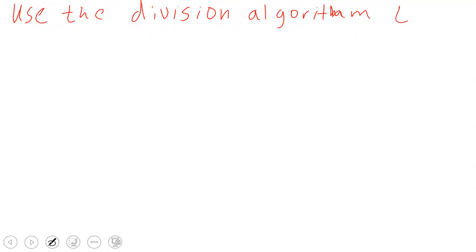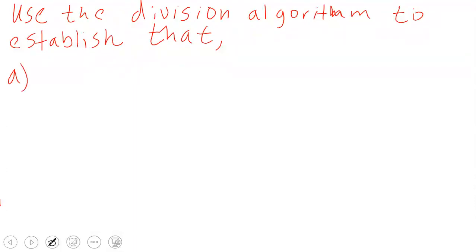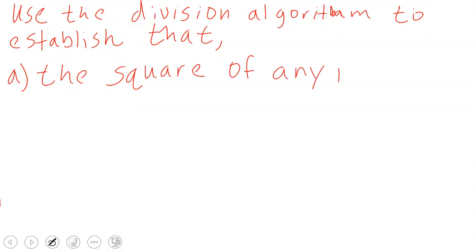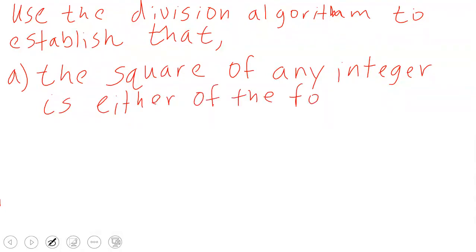Use the division algorithm to establish that, and this is part A of the question, that the square of any integer is either of the form 3k or 3k plus 1.